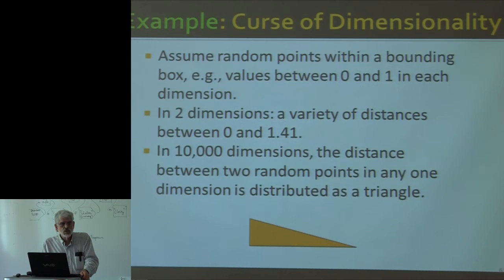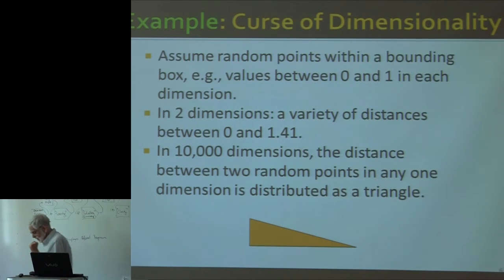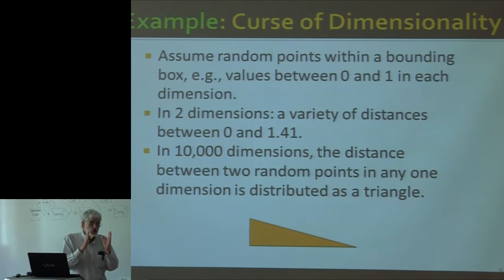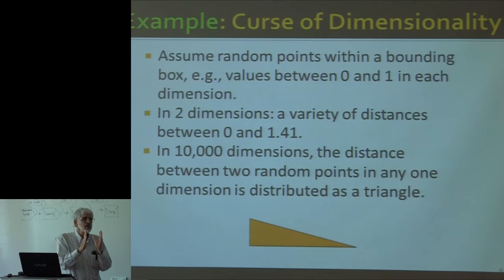Now look at a 10,000 dimensional cube. Well, don't look at it. You can't see it. But if I put two random points down in any dimension, the distribution of distances will be a triangle. I don't know if that's obvious, but again, you put a point down.